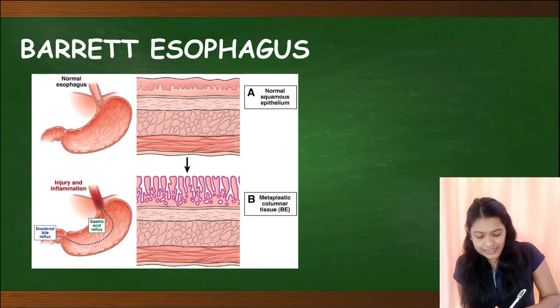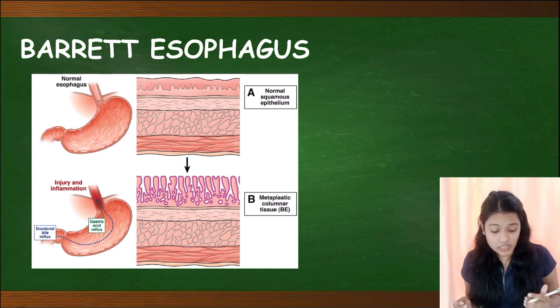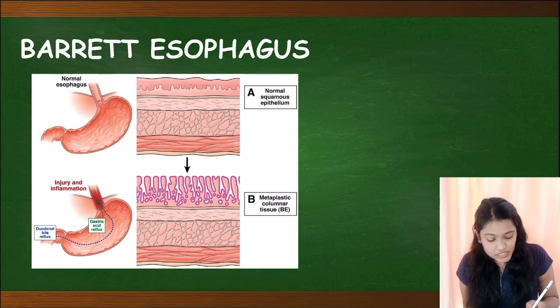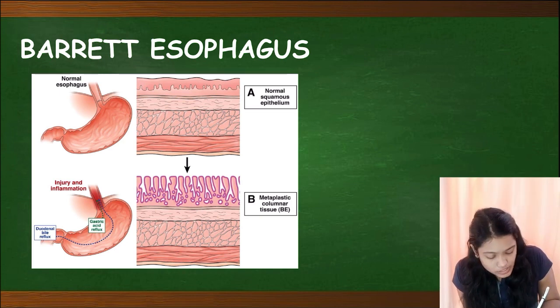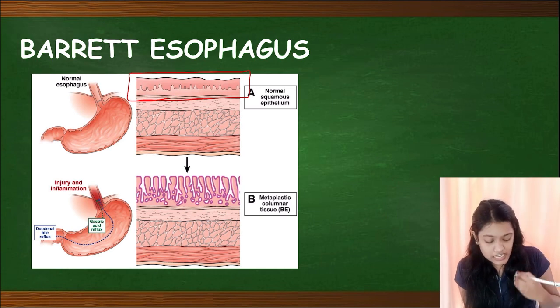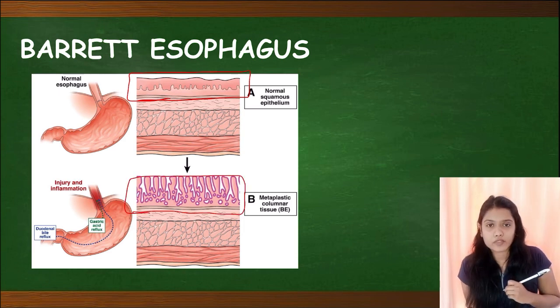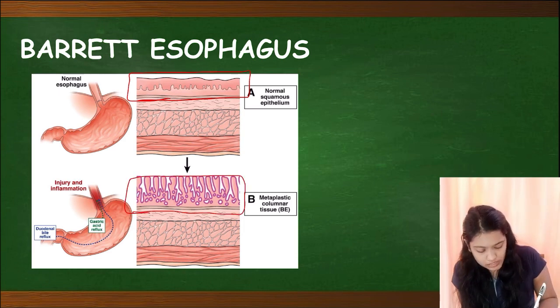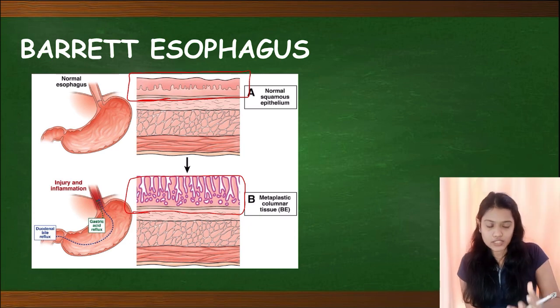Now, the next one is Barrett esophagus. What is Barrett esophagus? It is a condition of metaplasia in which the normal squamous epithelium present in the esophagus is converted to columnar tissue. It is a pre-malignant change in response of lower esophageal stem cells to acidic stress.